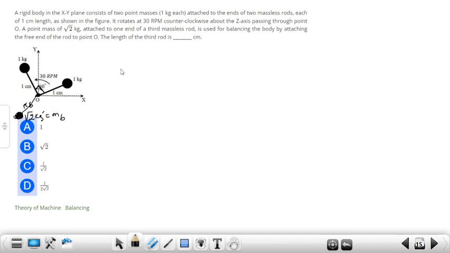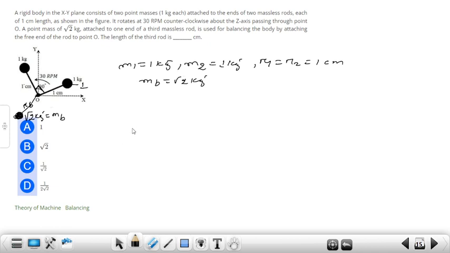So given data: M1 is equal to 1 kg, M2 is 1 kg, and R1 and R2. R1 is equal to R2 is equal to 1 centimeter, and the balancing mass MB is equal to root 2 kg.